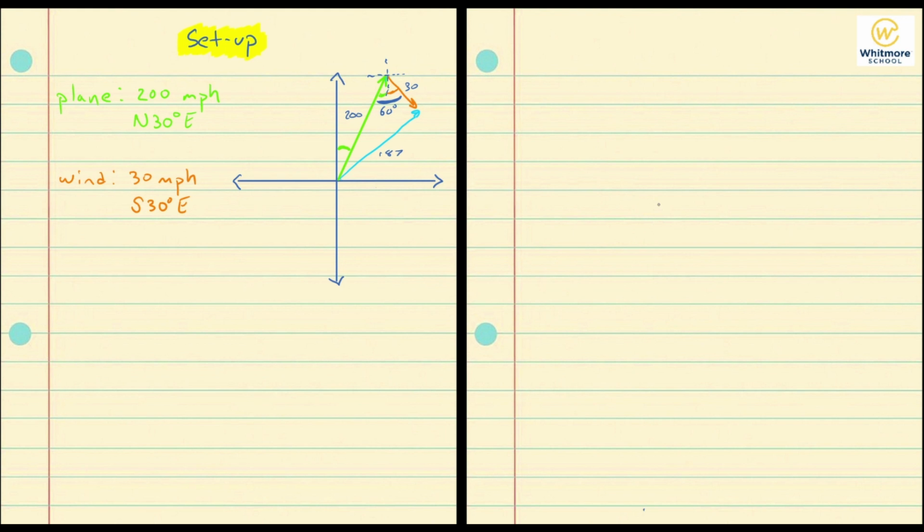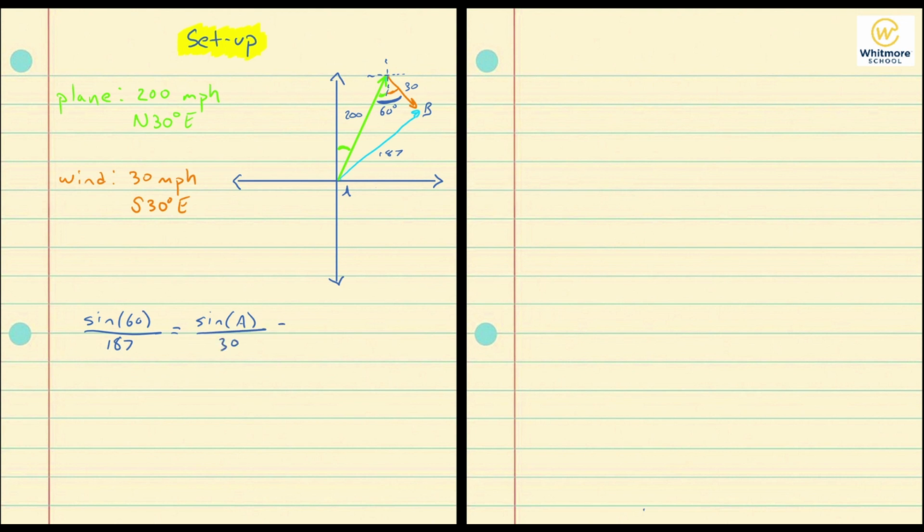So I'm going to say that I've got the sine of 60 over 187, and that's going to equal, if we call this angle here A, and the one up here B, the sine of A over 30.